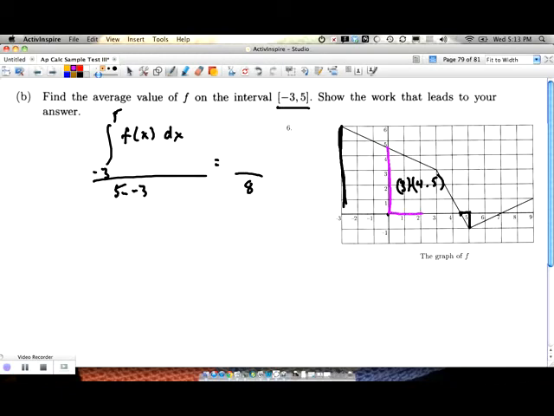So that purple area, we'll call that area 2. That's equal to 3 times 4.5. The first area, let's pick a color. How about brown? Area 1. That's this area here.